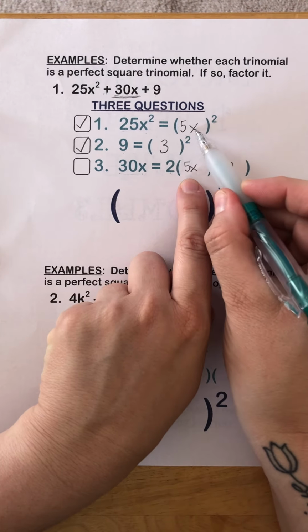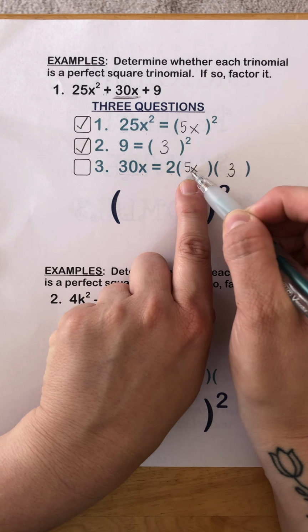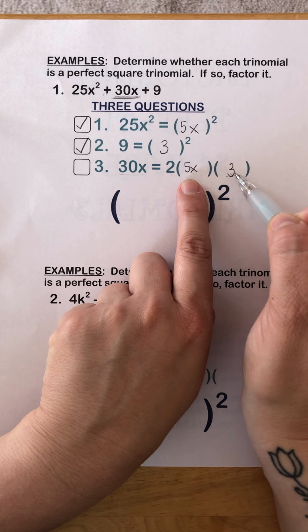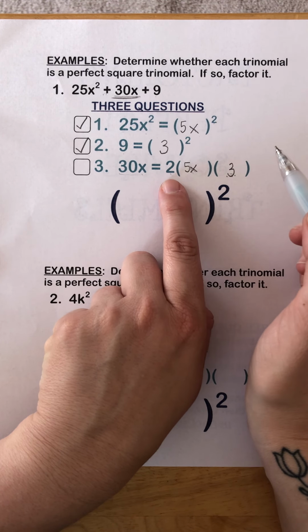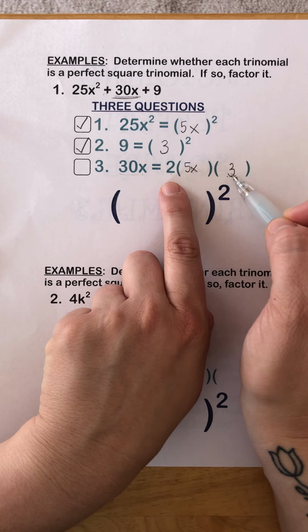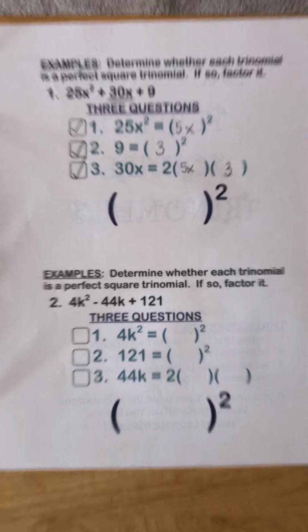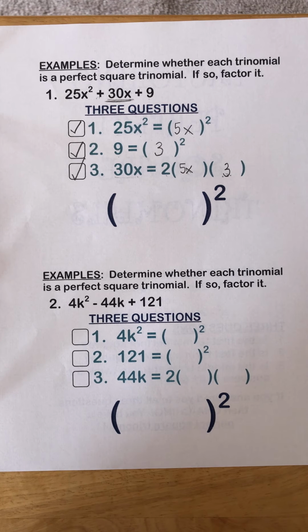So can I take this 5x and this 3, multiply those together, which would give me 15x, and then double it? Well, if I have 15x and I double it, that turns into 30x. So yes, I did in fact get a yes for all 3 questions.